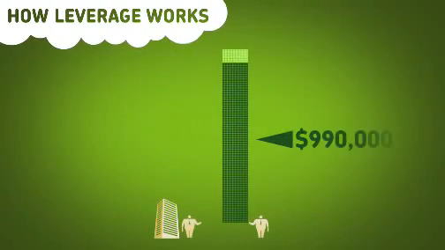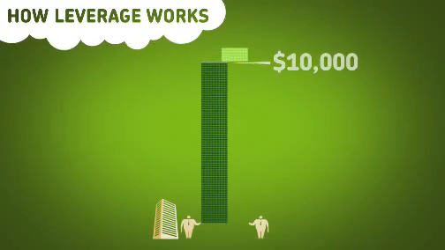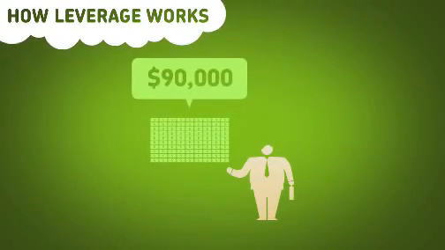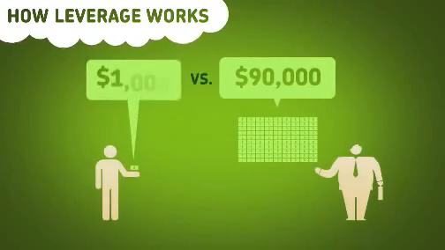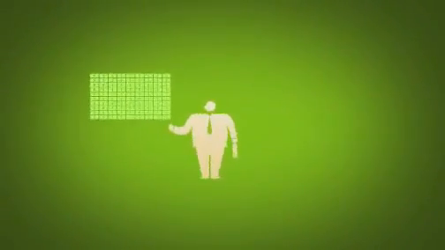Then he pays back his $990,000 plus $10,000 in interest. And after his initial $10,000, he's left with a $90,000 profit versus the other guy's $1,000. Leverage turns good deals into great deals.